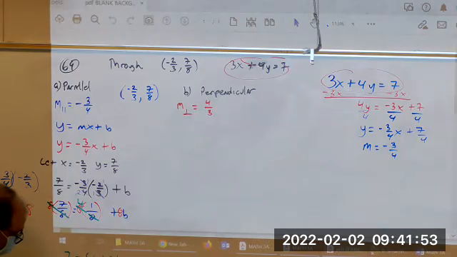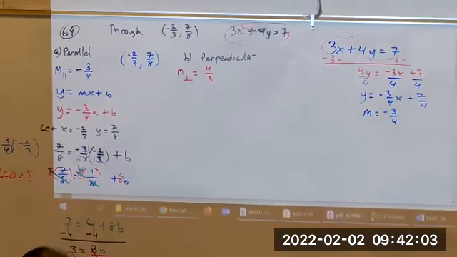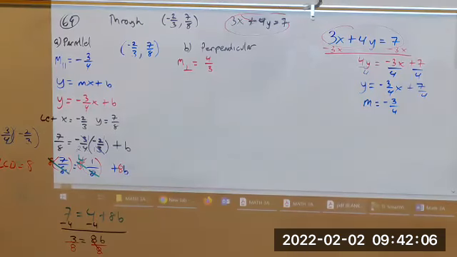So for the parallel line, the missing b is 3/8.